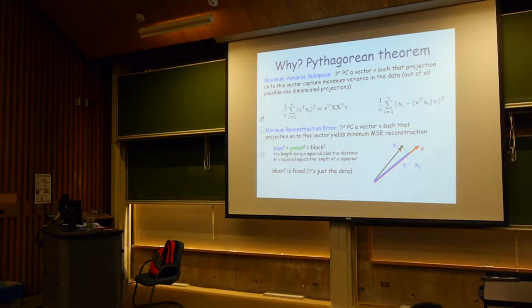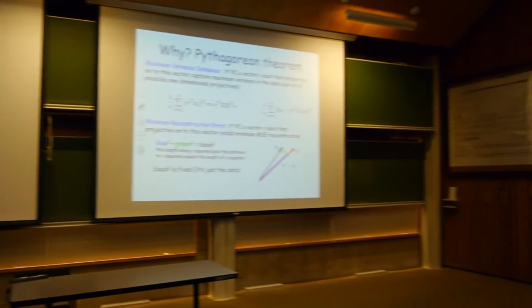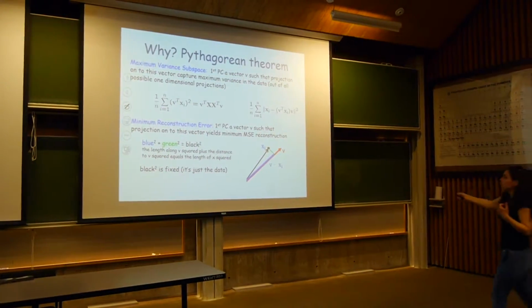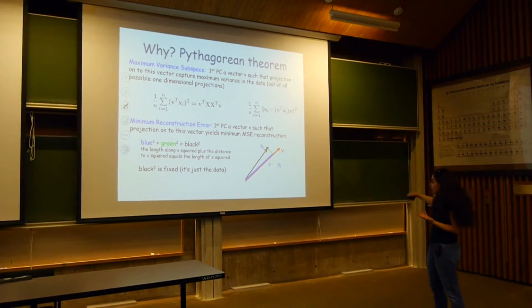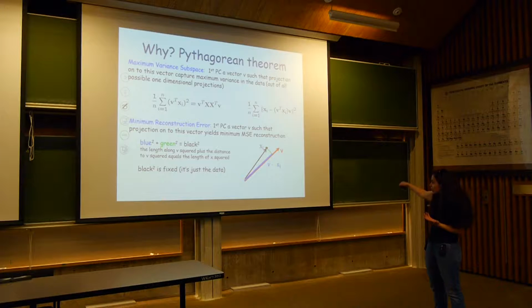And that is equivalent to minimizing the length of the green part, which is the reconstruction error. Intuitively speaking, but you can make it formal, by using the Pythagorean theorem you can argue that these two viewpoints of PCA are equivalent, because maximizing the variance in this direction corresponds to maximizing the length of the blue part.